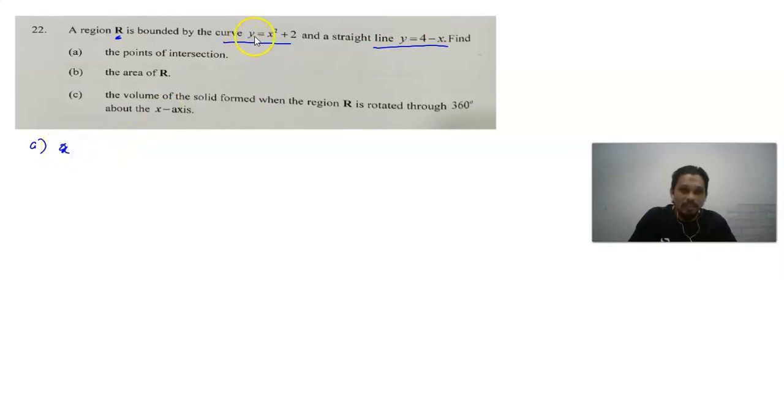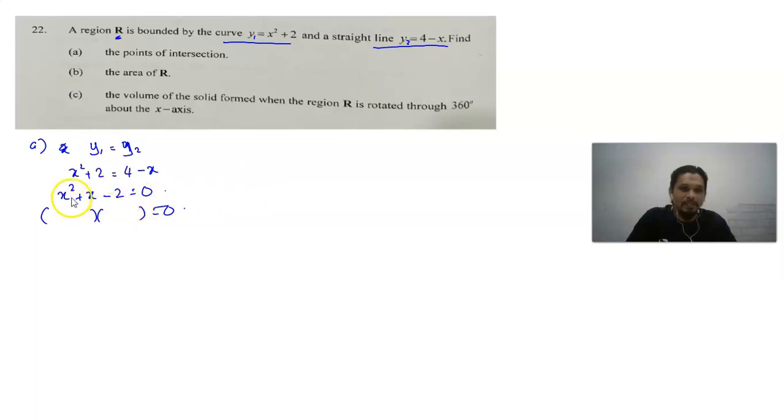Let's say I name one y1 and y2. y1 equal to y2, which is x squared plus 2 equal to 4 minus x. So bring everything to the left side, so it becomes x squared plus x, and 2 minus 4 is negative 2, equal to 0.